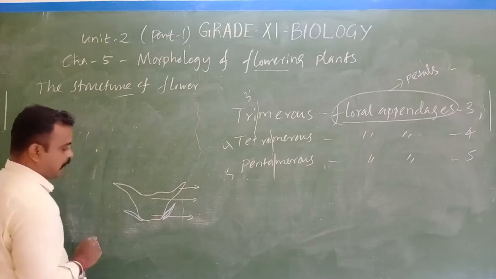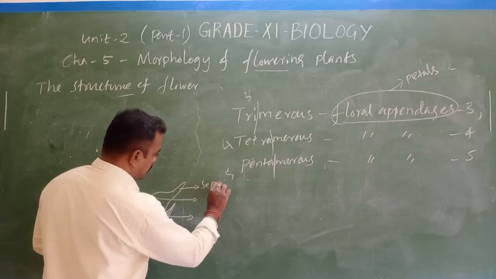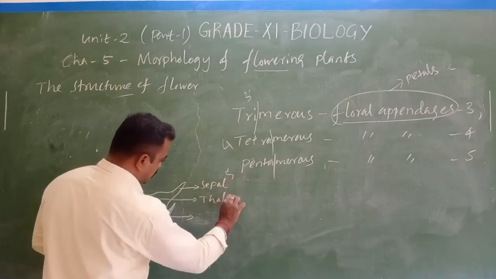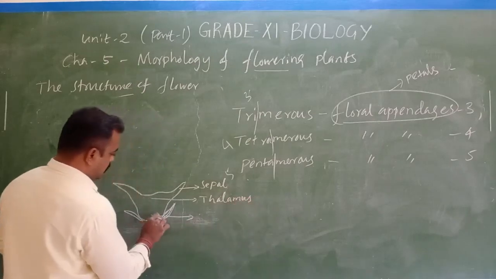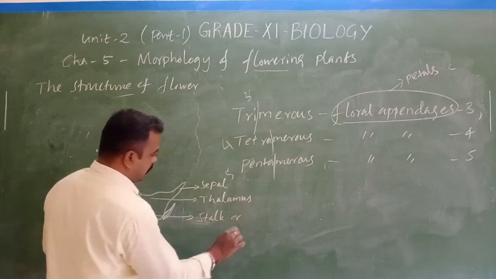In some flowers, this is the sepal, this is the thalamus, and this area is the stalk or pedicel.